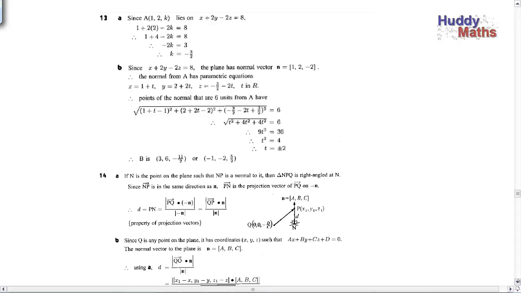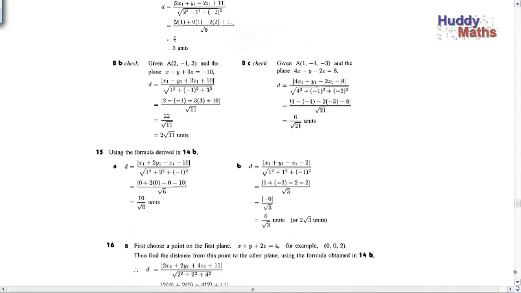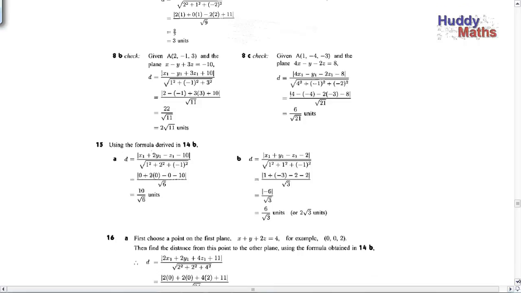And this big question 14 is the important one. Okay. And then down to there. 15.